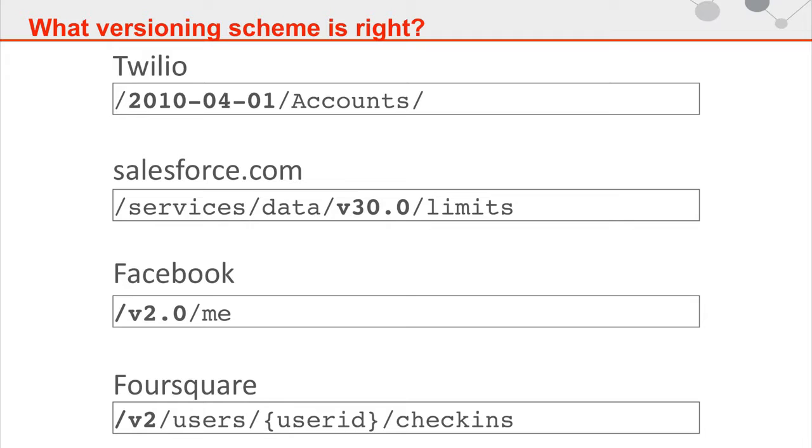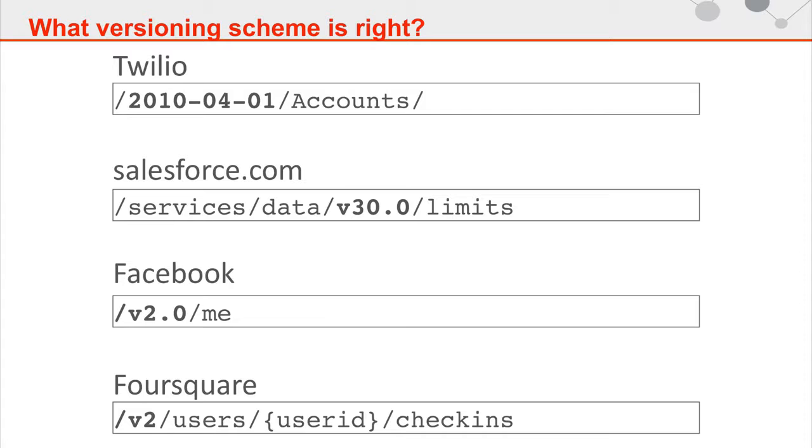So when we think about versioning, there are several different approaches that we could use. In fact, we see that out in the wild. Some people gravitate towards a date time stamp. Others think, why not put a V in there.